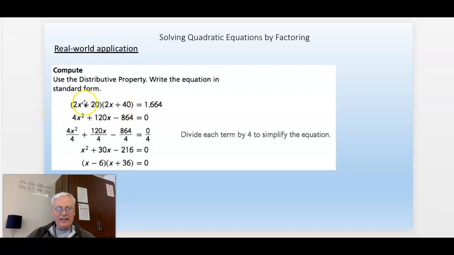Multiply out 2x plus 20 and 2x plus 40, and then subtract the 1664 from both sides. You need to set one side equal to 0. Once you have it equal to 0, you can divide everything by 4. It doesn't affect the final answer or the intercepts. Then it's a pretty easy factor, 6 and 36.